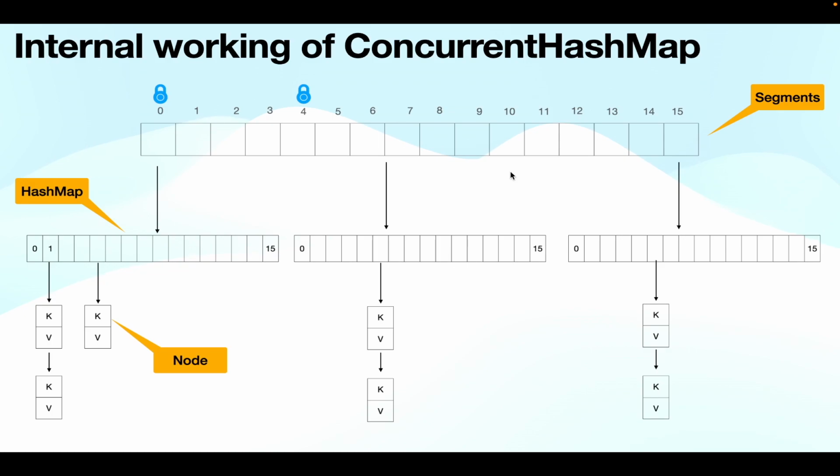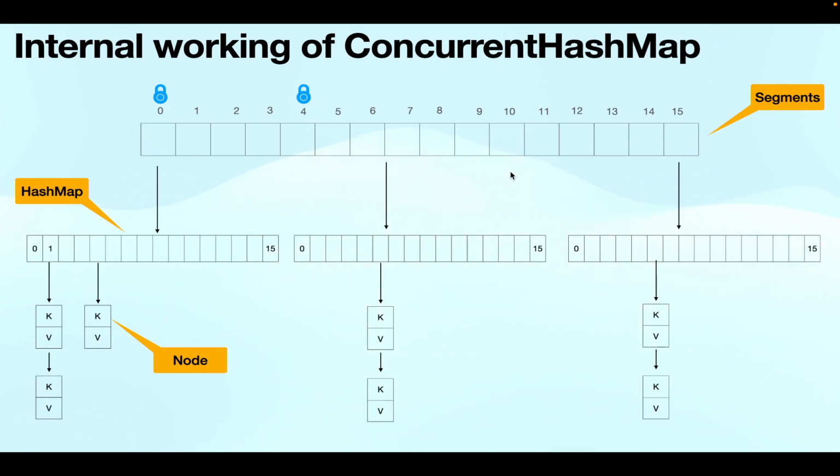I hope it's clear. So let me repeat. If there are multiple threads and a few threads want to write and a few other threads want to read, both can do their job simultaneously on the same map.